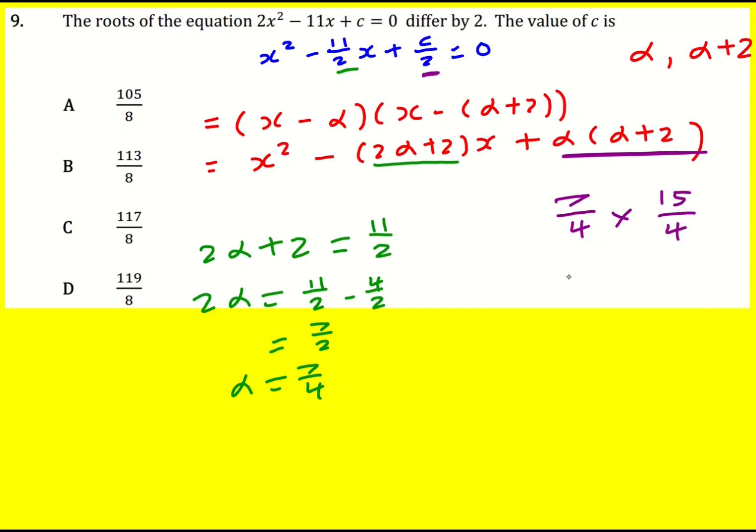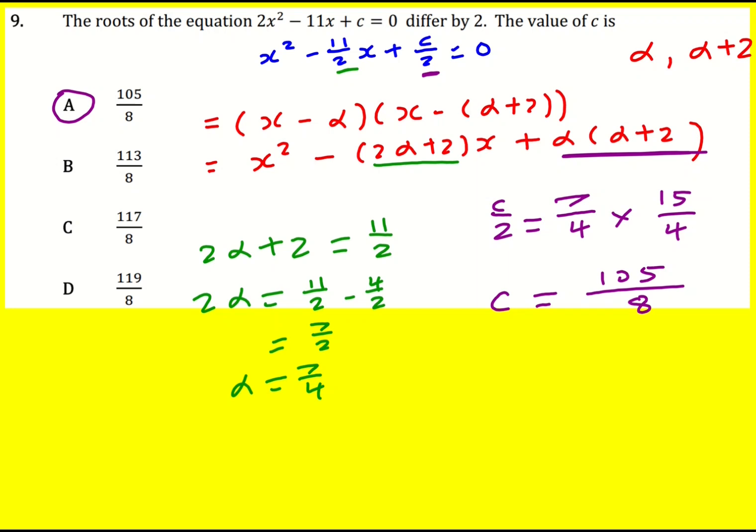That is actually c over 2. So then c will equal 7 times 15, that's 70 plus 35, 105, over 4 times 4, but then I'm timesing that by 2, so it's going to be 105 over 8. And this gives us an answer of A.